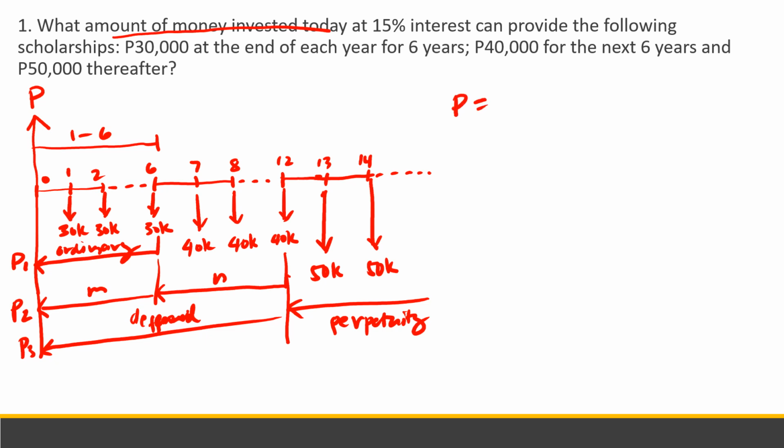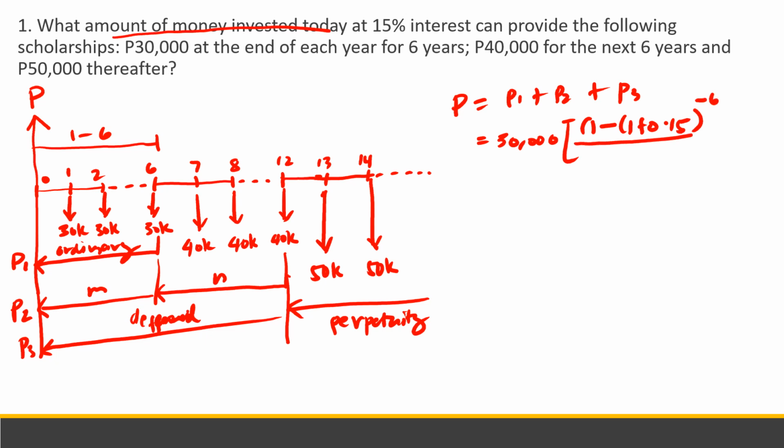Okay, so to find P, so that is P1 plus P2 plus P3. So P1 is an ordinary annuity. So meron tayong 30,000 multiplied by 1 minus (1 plus 0.15) to the negative 6 over 0.15, plus P2 here is deferred annuity.